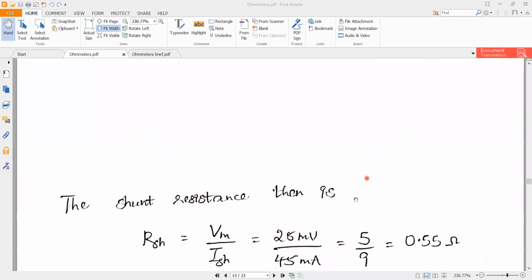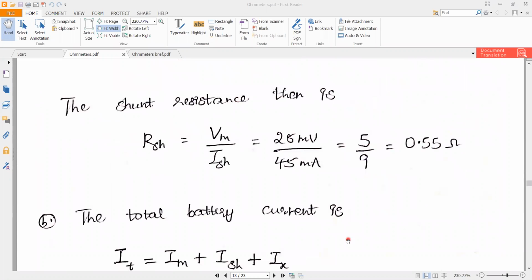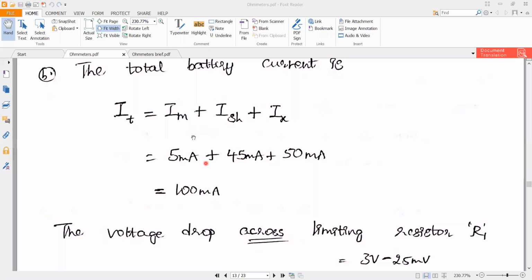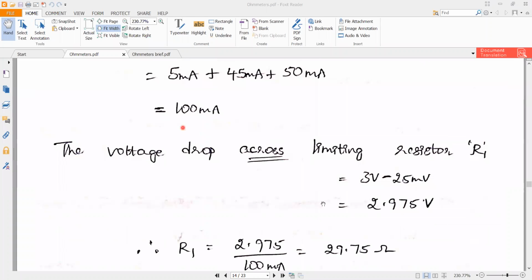The shunt resistance is given by Vm by Ish. The total battery current is given by IT is equal to Im plus Ish plus Ix. Next, the voltage drop across the current limiting resistor R1.